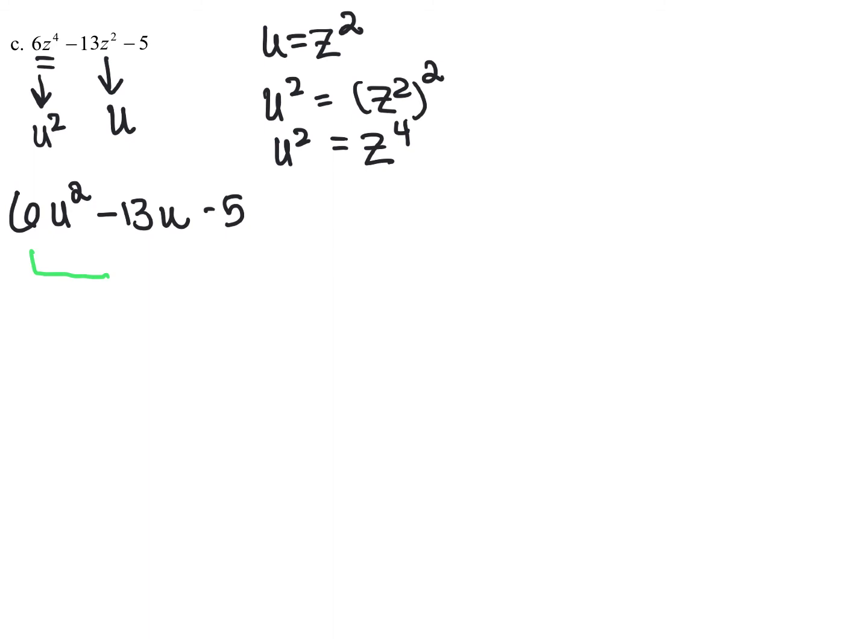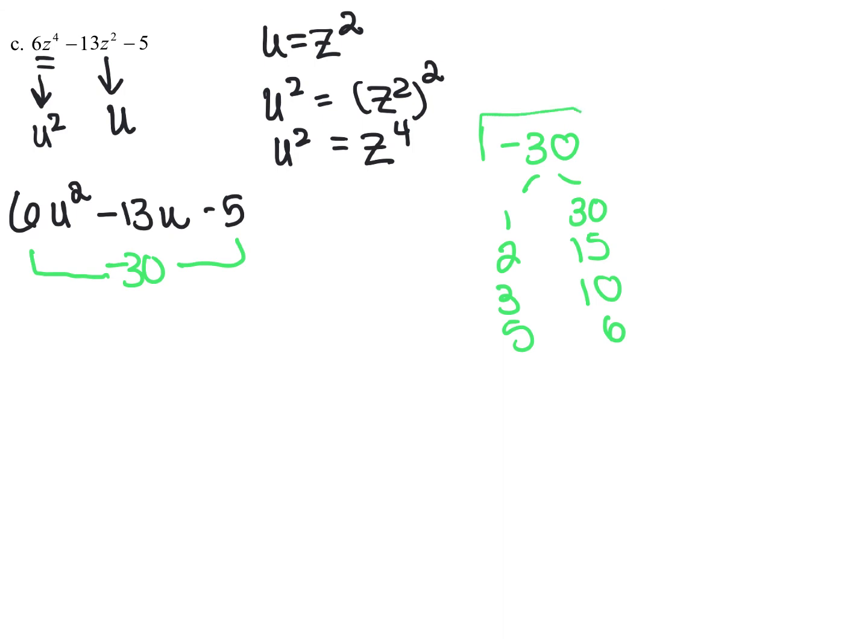I do A times C and get negative 30. Negative 30's factors are 1 and 30, 2 and 15, 3 and 10, 5 and 6. Because the 30 up here is negative, one of these has to be negative. And because it adds to a negative, it's the bigger one that's negative.